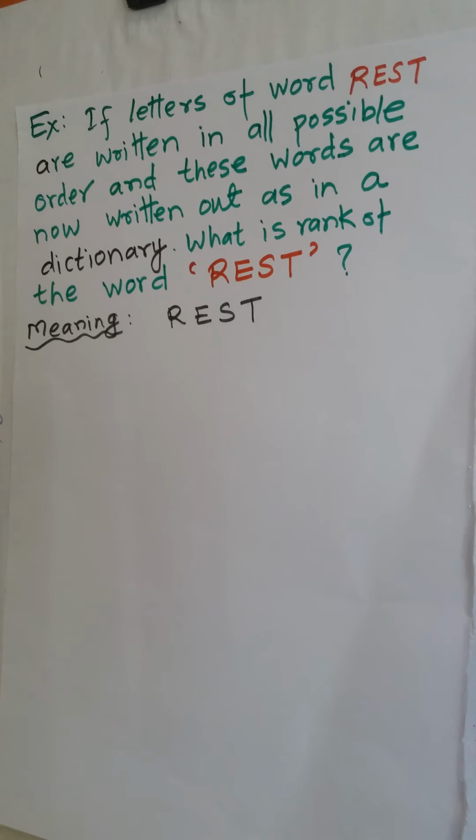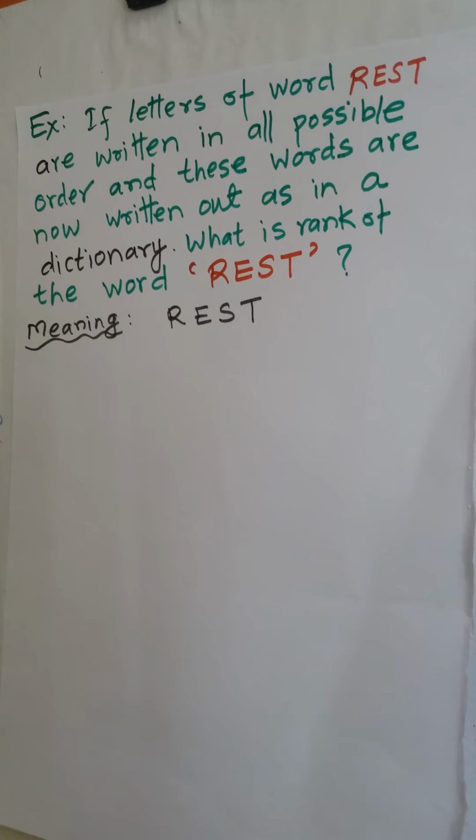So in a dictionary, words starting with letter A come first. If a word is there, a letter having a lower ranking would be on the leftmost position of the word, and so on. That is how a dictionary is made, and the words are arranged that way.